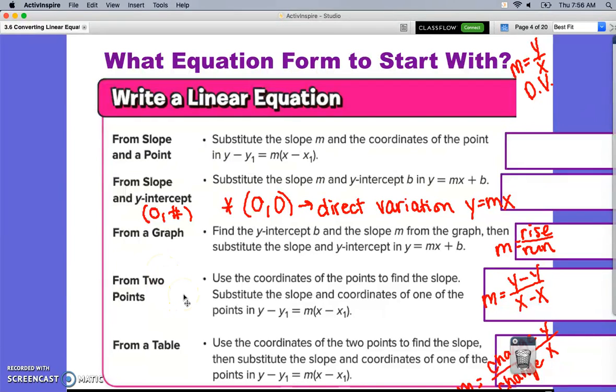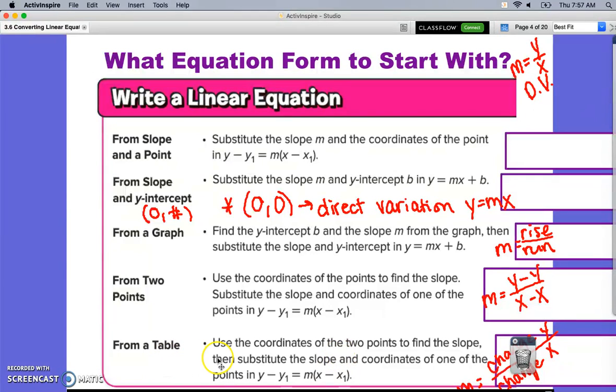Alright, from two points, there we could put it into any one, but you could use the coordinates of the points to find the slope, then substitute the slope and the coordinates of one of the points into your point-slope form. Again, if one of the points is given as the y-intercept, in this form (0, a number), you could use slope-intercept form.